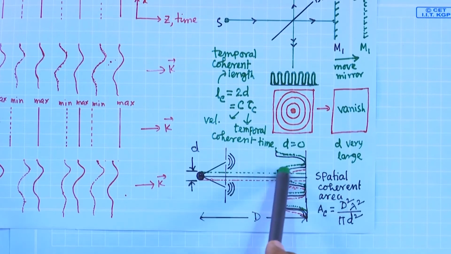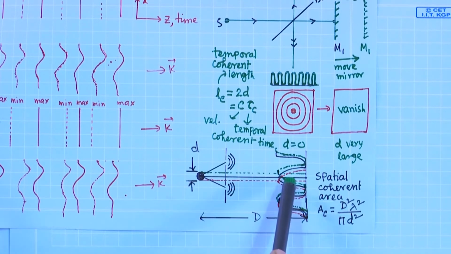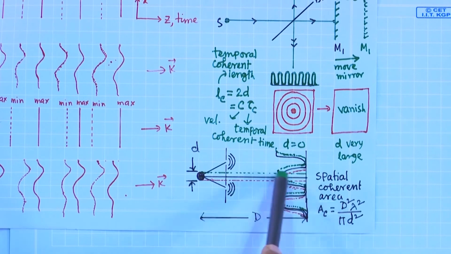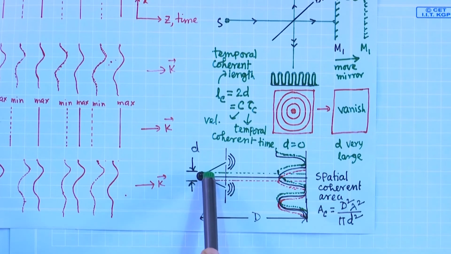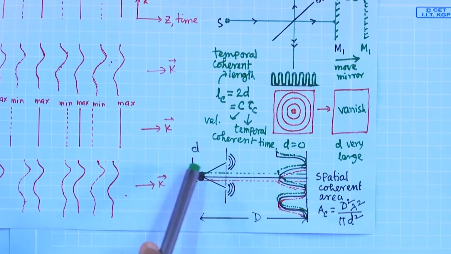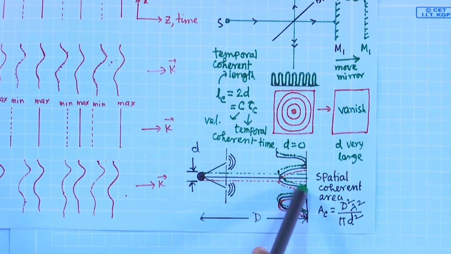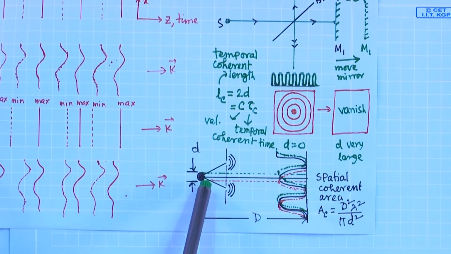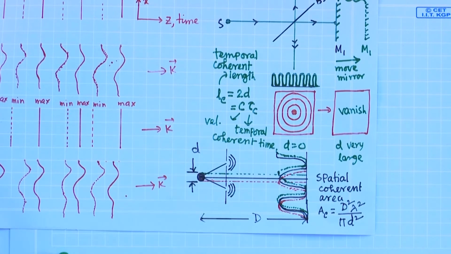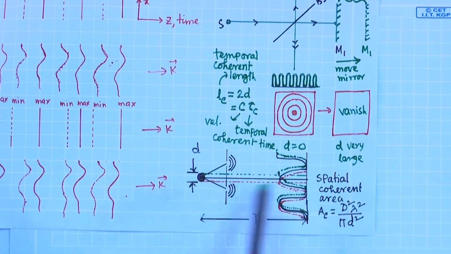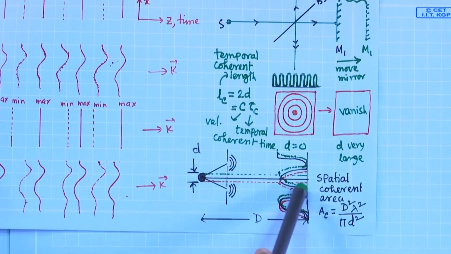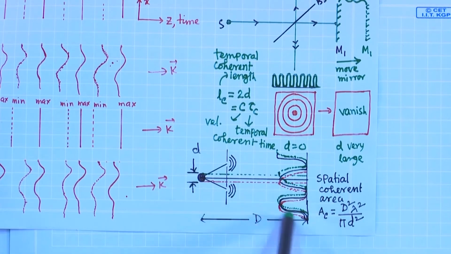From the middle point source, the light comes and you will get an interference pattern, with the bright fringe at the center. If you take another point source at the extreme end, its fringe pattern will be shifted, because its center of the fringe will be elsewhere.